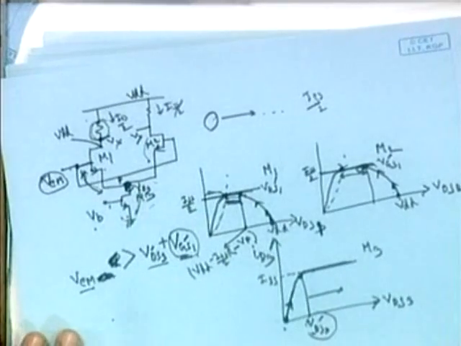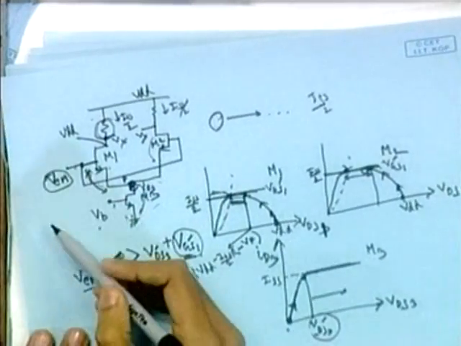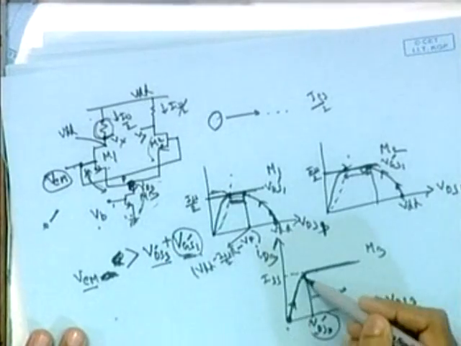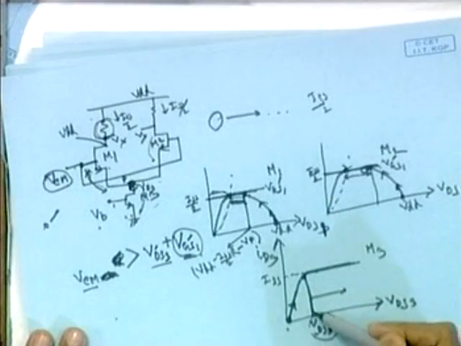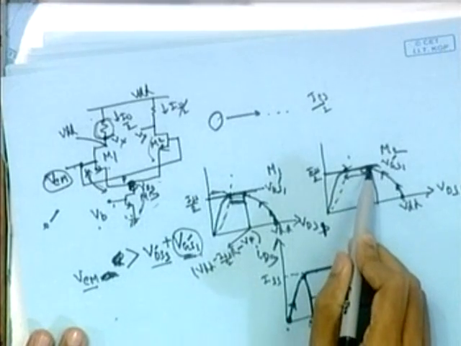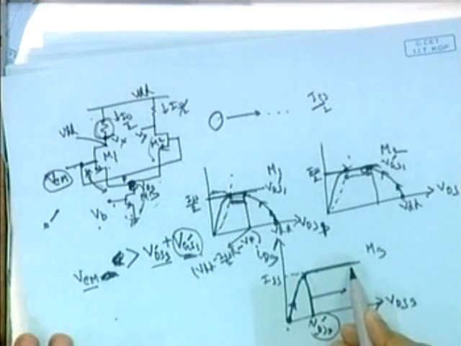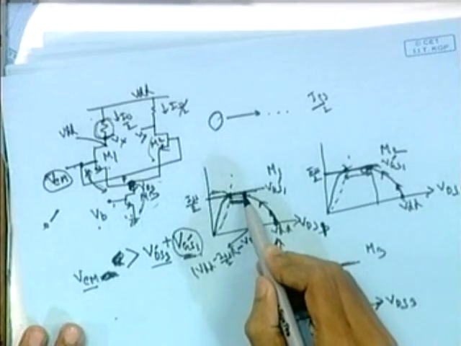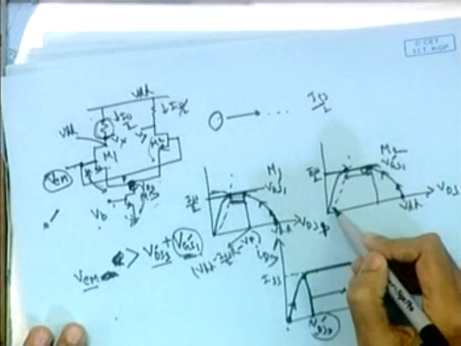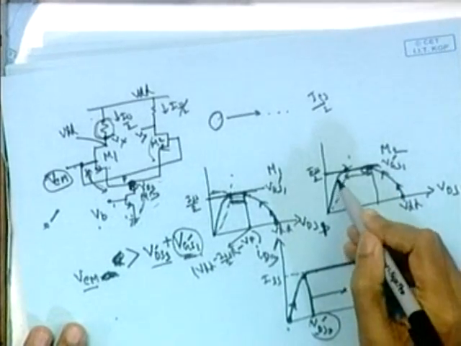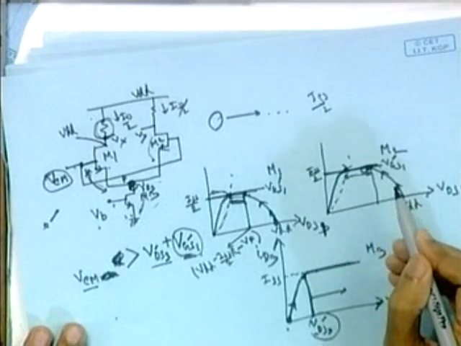Now suppose we are increasing our CM from 0 to some voltage, and at a particular input voltage M3 enters saturation, and for that input voltage M1 and M2 have to hit this line, because after this we are assuming ISS is constant. So both of the transistors should carry ISS by 2. Now there should be a corresponding gate to source voltage for this.